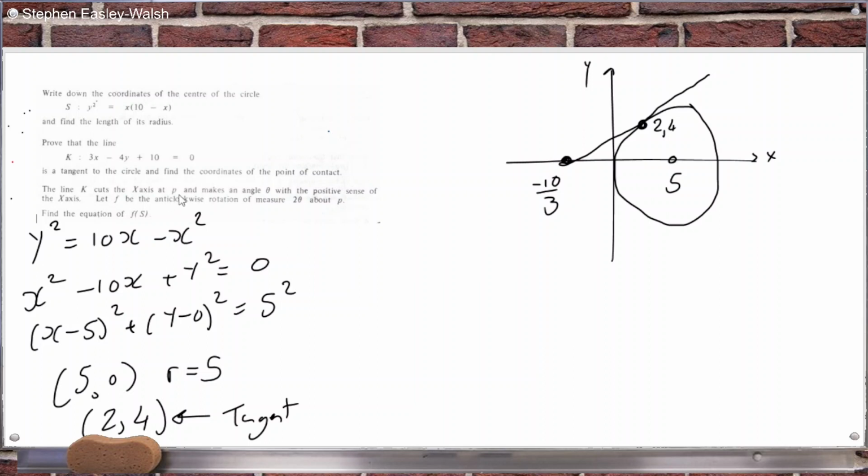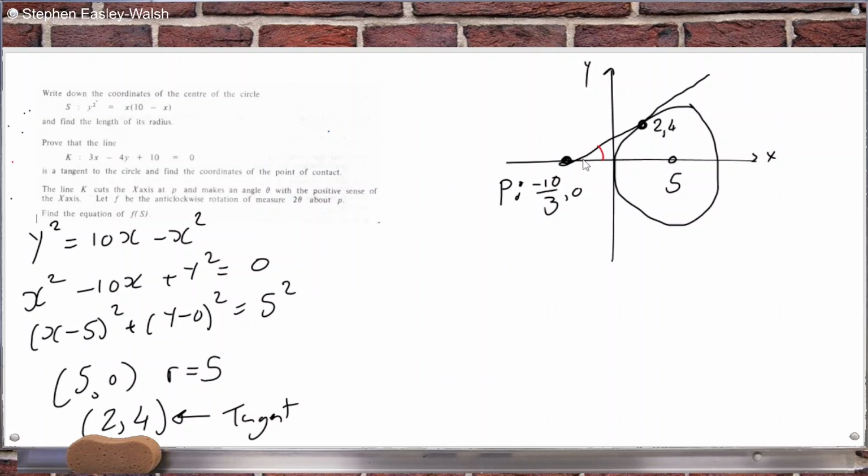And the line K cuts the x-axis at P, so that's P, minus 10/3, 0. And makes an angle theta here with the positive sense of the x-axis. And F is an anti-clockwise rotation measure of 2 theta around P. Find the equation of Fs.